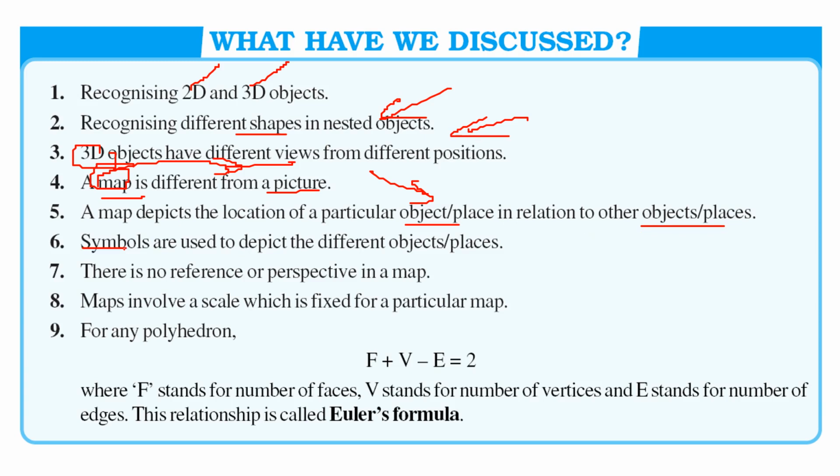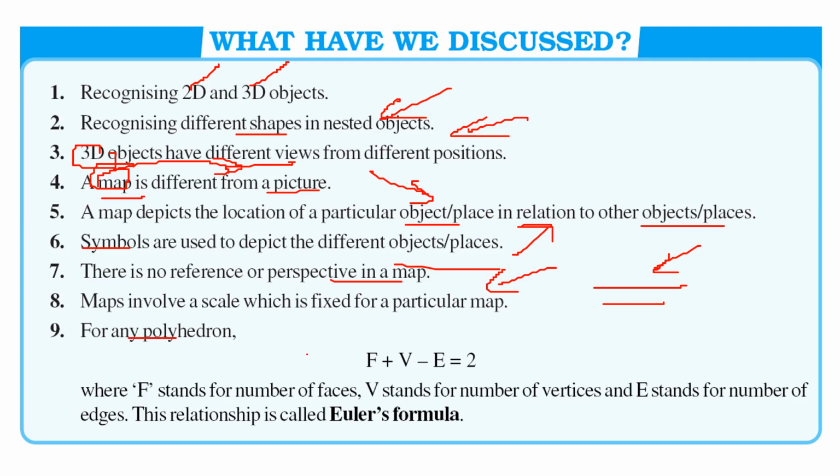Symbols called legends are used to depict the different objects and places in the map, and there is no reference or perspective in a map. The map involves a scale which is fixed for a particular map, and this is simply the length on the map divided by the actual length on the ground.